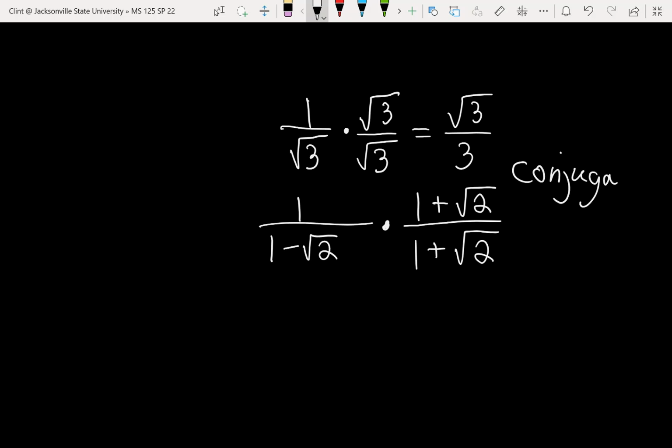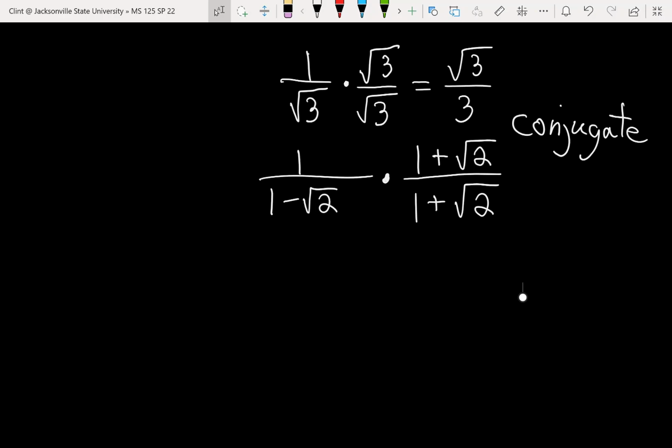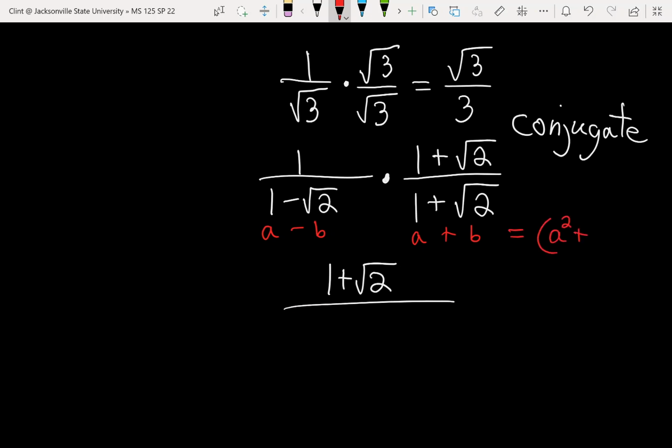Yeah, I thought that's what you were thinking. The reason why that works on top, that one's no big deal, it's just the bottom we're really interested in for this example. This thing is in the pattern a minus b, a plus b. Multiply those together and you'll get a squared minus b squared. Squaring those, we don't have any square roots left, no radicals.